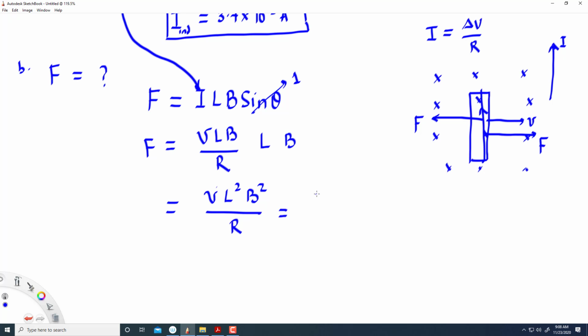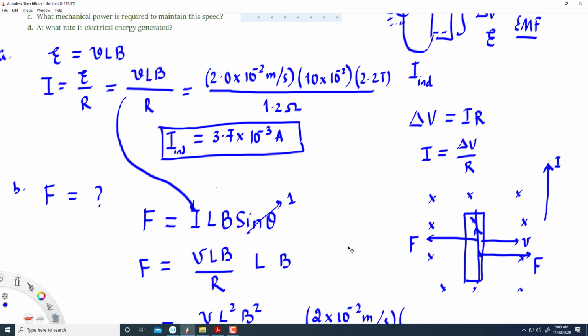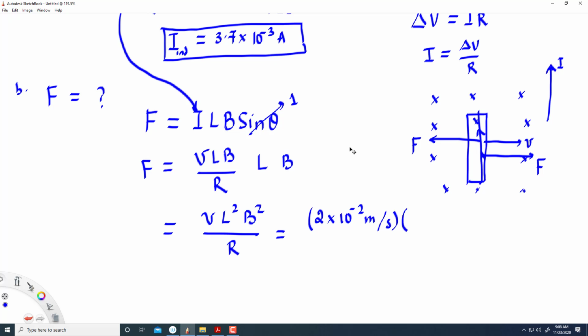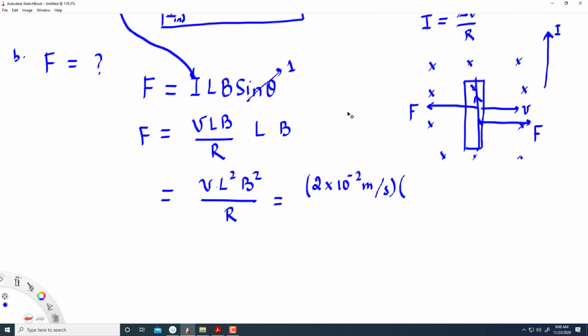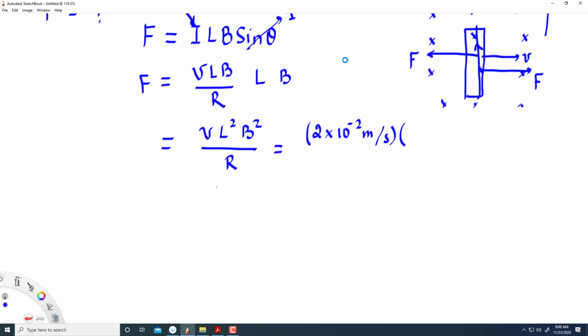So V is 2 centimeters per second, 2 times 10 to the negative 2 meters per second. L is the length, which is 10 centimeters. Is that right? 10 centimeters, so 10 times 10 to the negative 2 meters, squared.